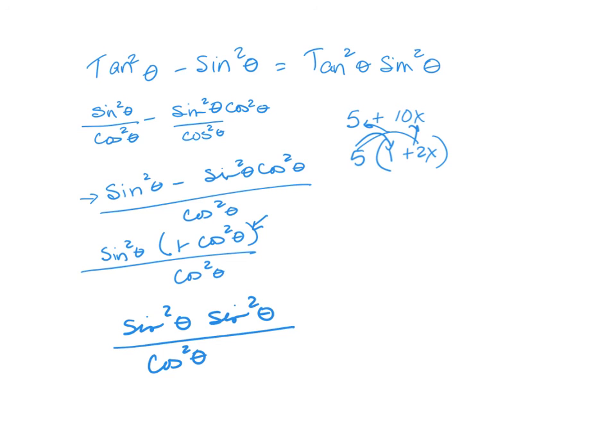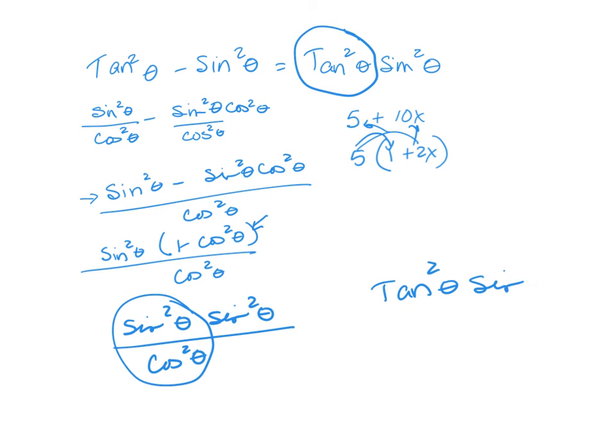Well, now I'm getting kind of antsy because it still doesn't look like the right side. But can I convert sine over cosine to tangent? So now I have tangent squared of theta, sine squared of theta, and I am done.